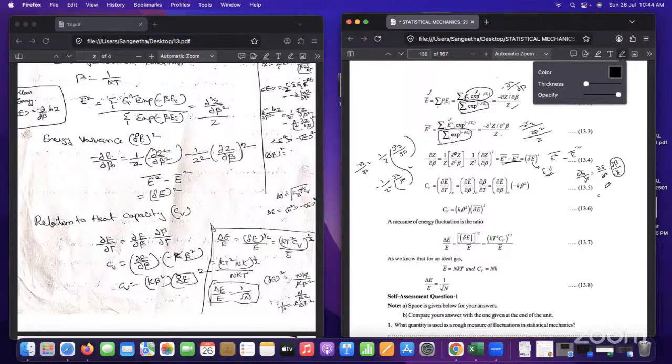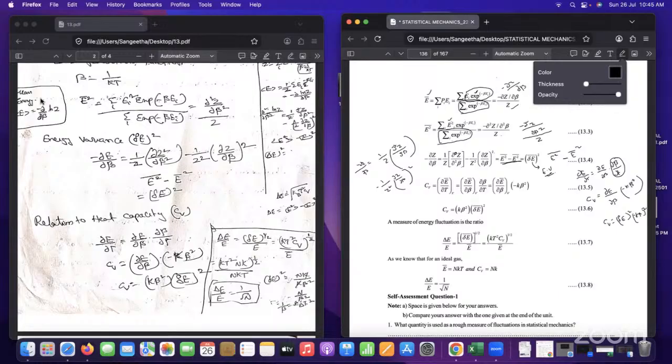So what will we get? Dou E by dou beta times minus K beta square. This is called the specific heat CV. This dou E by dou beta is taken as the energy variance. Here, energy variance is delta E whole square. So this is energy variance times minus K beta square. So finally I calculated the specific heat.